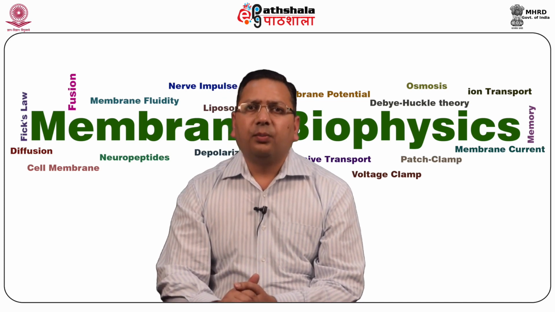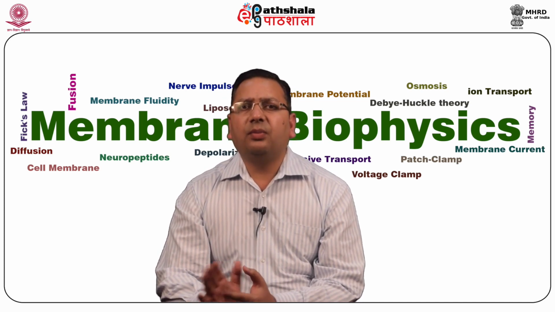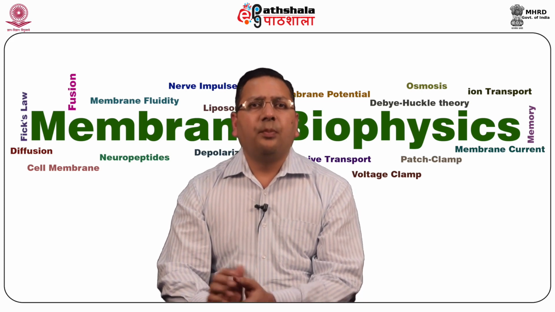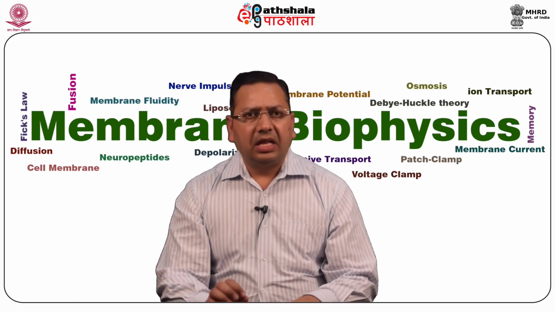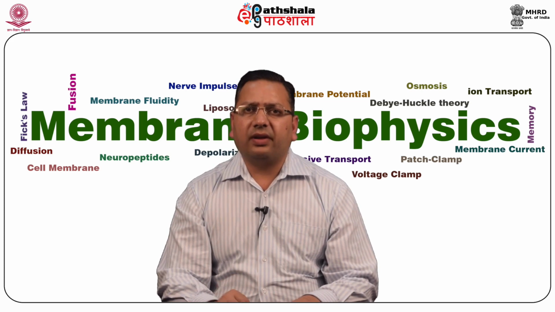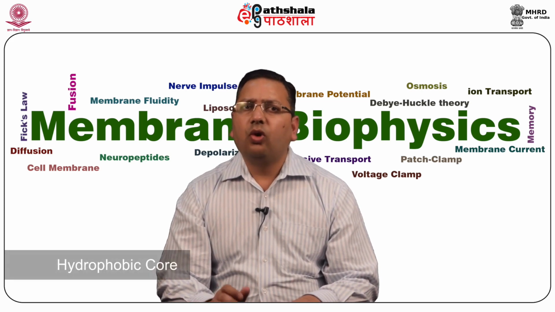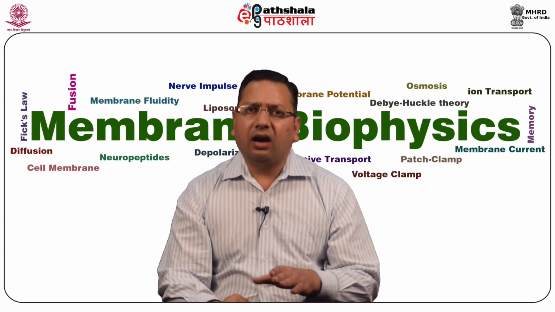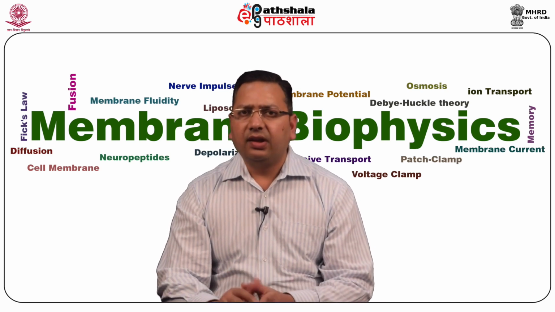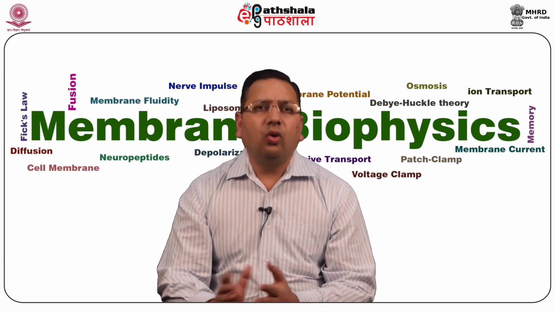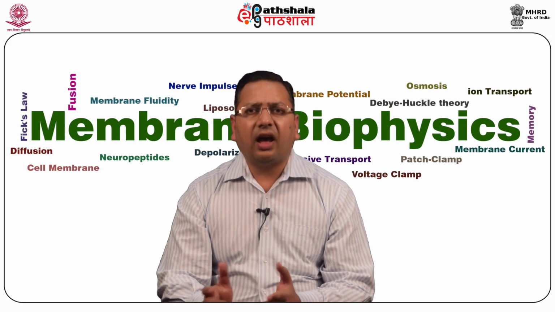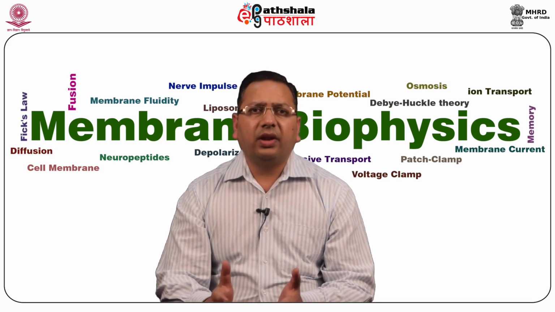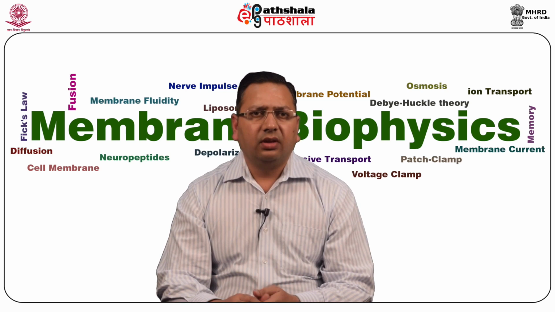The proteins present on the outside of the membrane are considered peripheral membrane proteins. These proteins do not interact with the hydrophobic core of the bilayer and are loosely associated with the membrane through non-covalent interactions, generally ionic bonds with the polar head groups of the phospholipids.